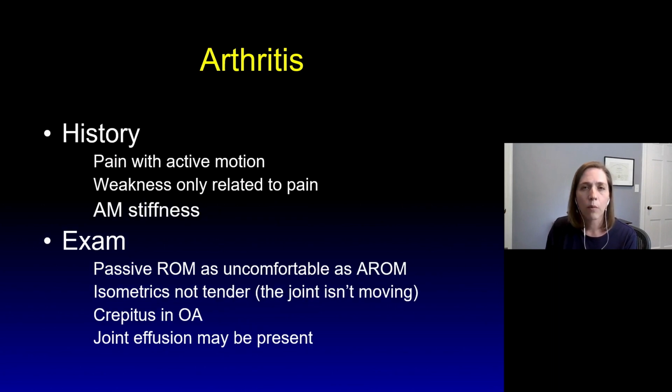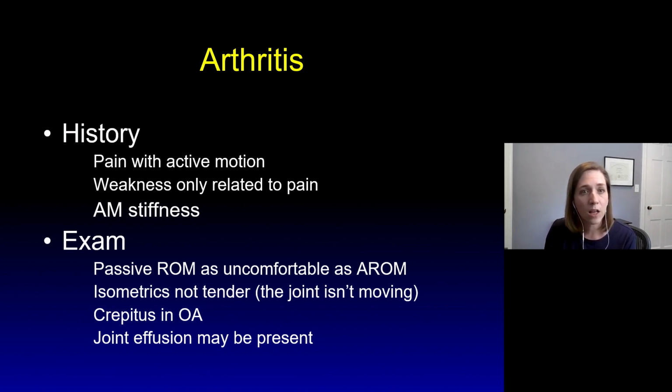And finally, I want to differentiate this from arthritis, and you're going to hear a lot more about arthritis today. But in arthritis history, you will get pain with active motion. So when you're using the joint, it hurts. And the weakness with arthritis is usually only as it relates to the pain associated with it. There also may be a history of morning stiffness. It takes a while to get going, to move the joint, to lubricate the joint until it's functional.